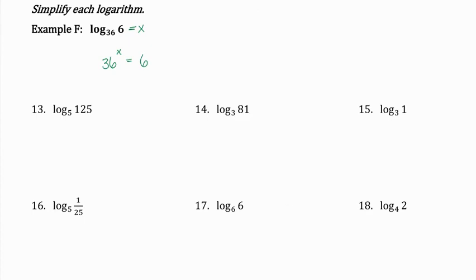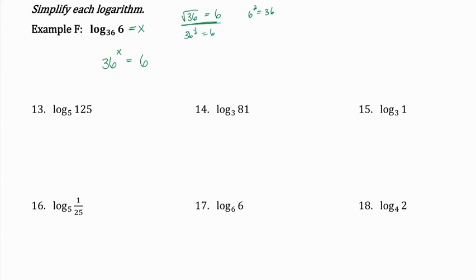Well, this one's a little tough because my answer is smaller than what I started with, right? But if I remember, or if I think about this, I know that the square root of 36 is 6, right? Or I also know that 6 squared equals 36, right? So you can kind of think of those two things. This one's more helpful to me. So if I'm thinking of the square root of 36, that's the same as saying 36 to the 1/2 power, right?